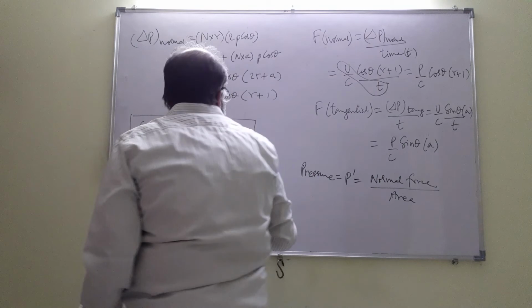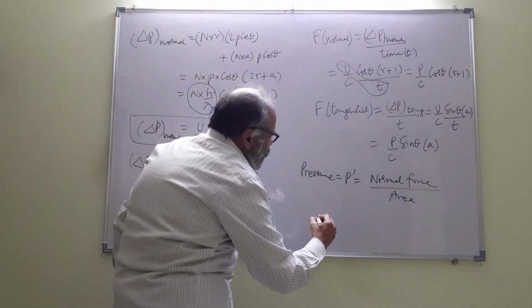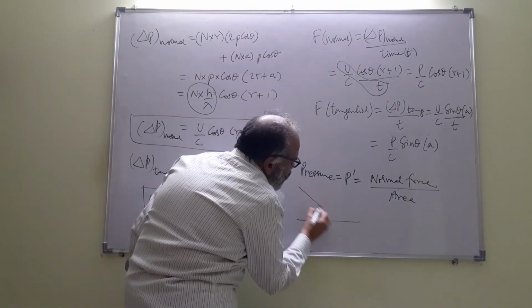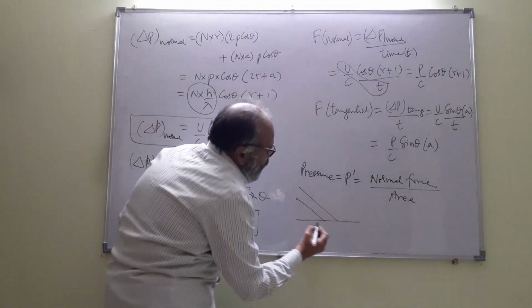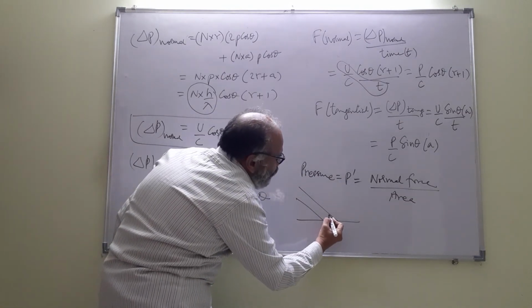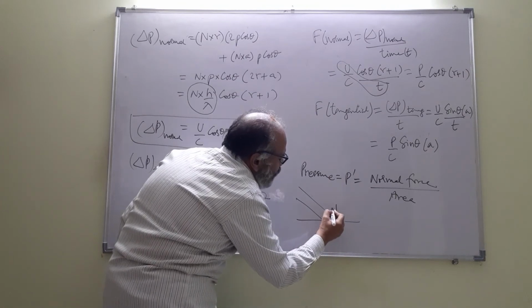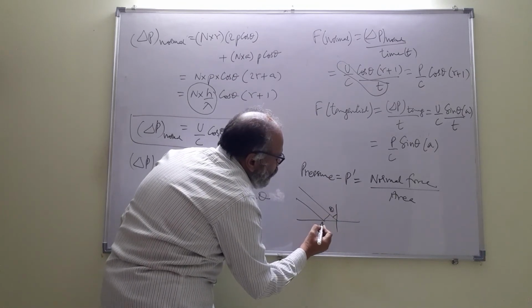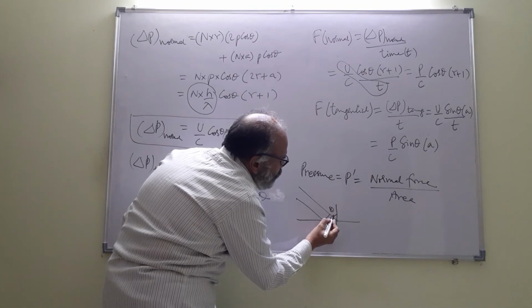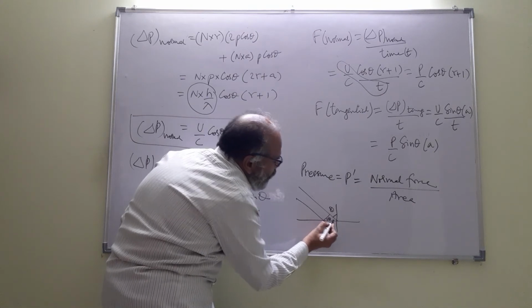Now this area is the area of the surface. When you have a wave like this and this angle is theta, this plus this is 90, this is also theta.